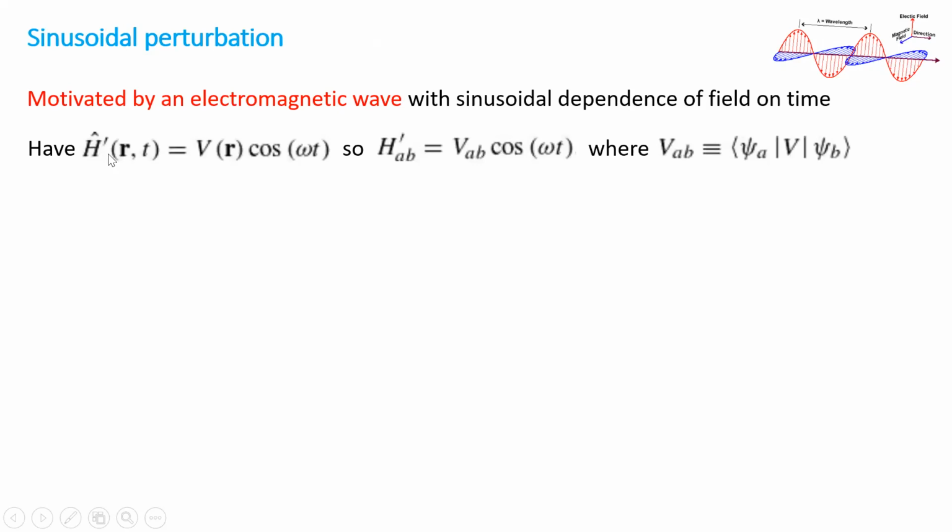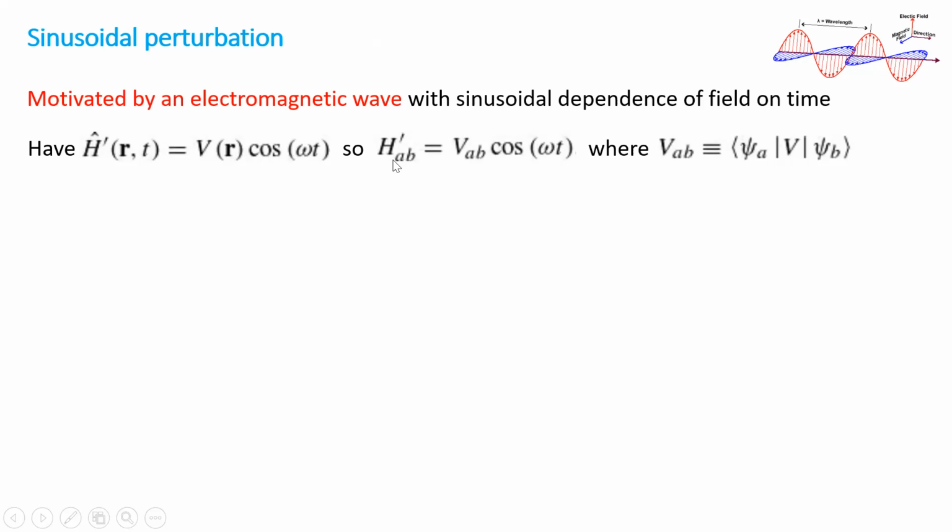So we could have our perturbation H prime of r and t be V of r. So it can depend on space, but then it would be sinusoidal, or in this case, it's written as a cosine of omega t, a driving frequency, or the frequency of the electromagnetic wave is omega.